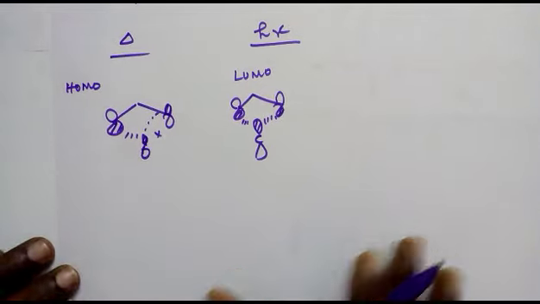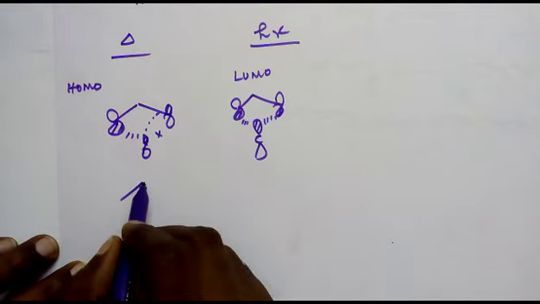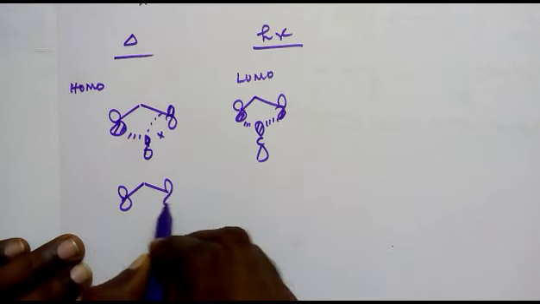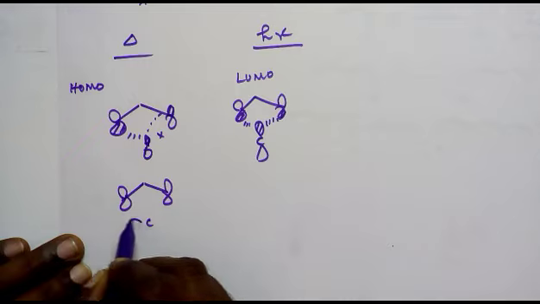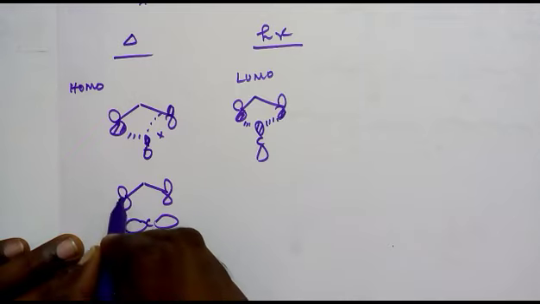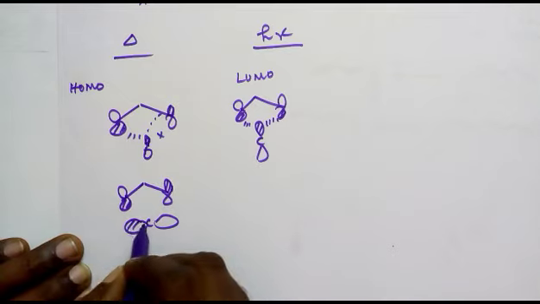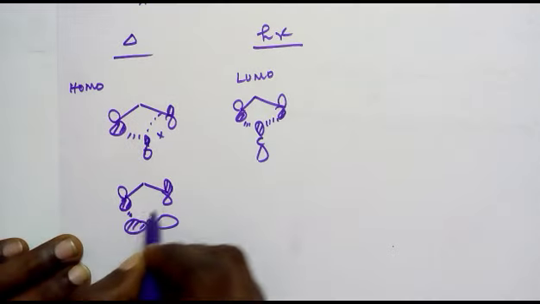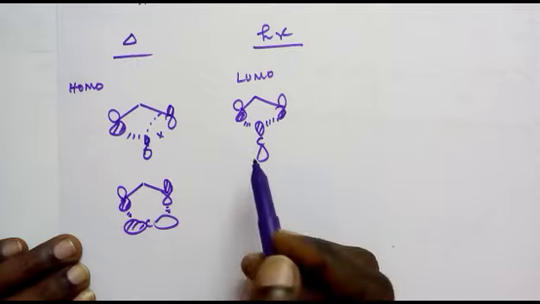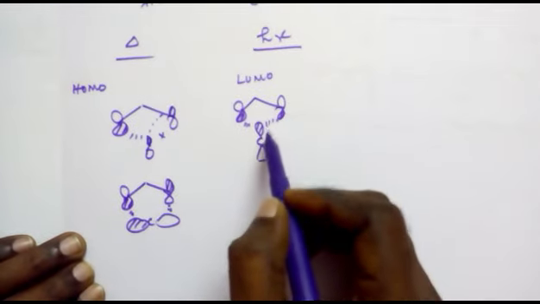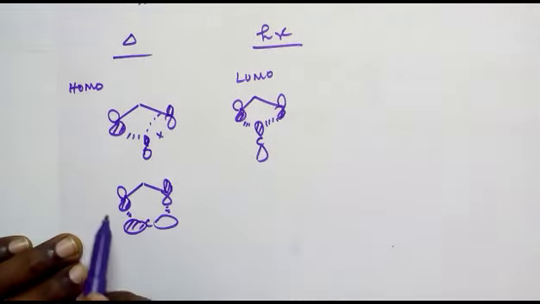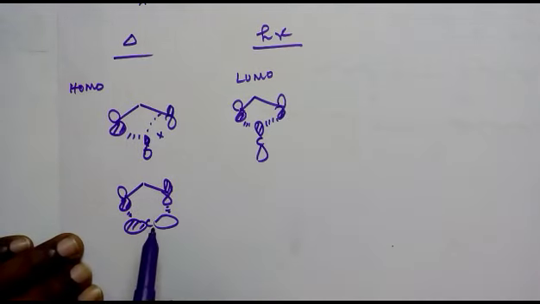At that time, carbon does something very different. Please carefully watch. Carbon uses both of its lobes. If the orbitals are symmetric, it uses one lobe. If the orbital is unsymmetric, carbon uses both of its lobes.